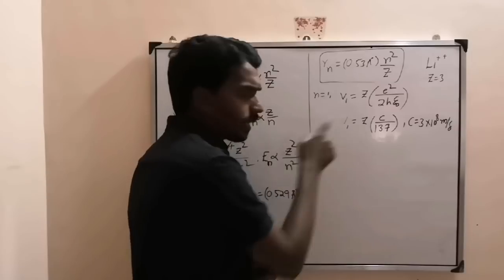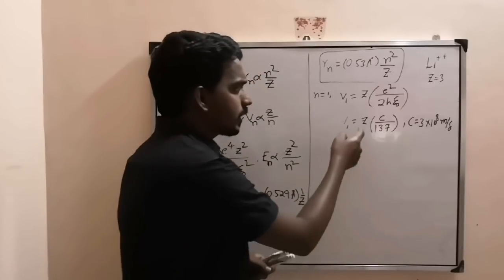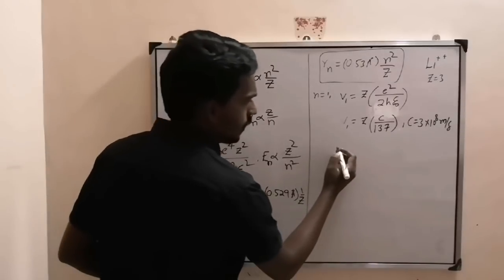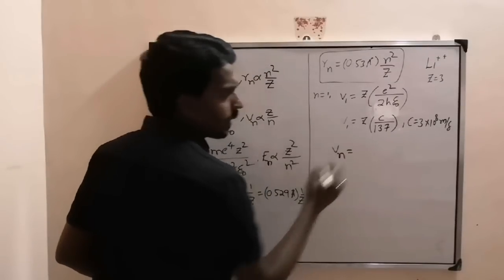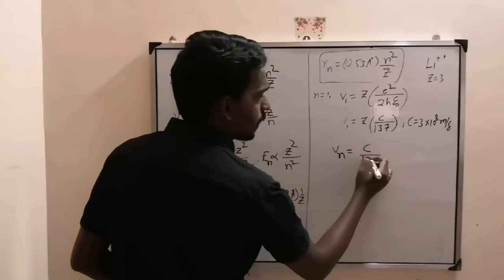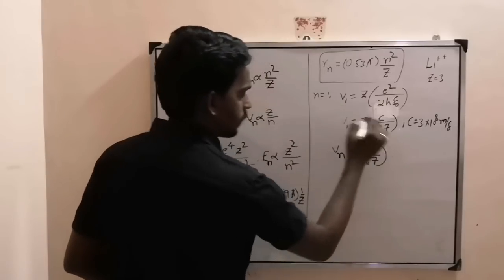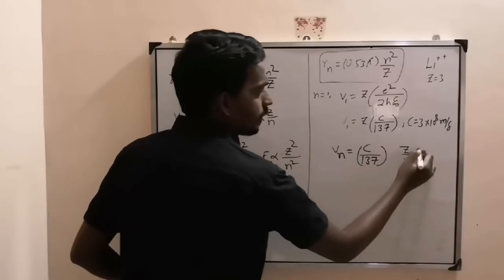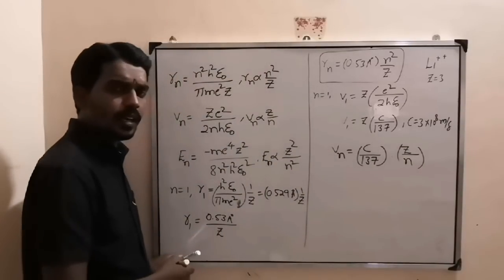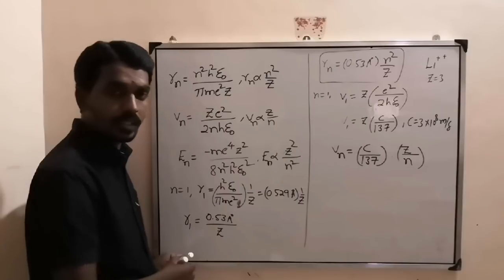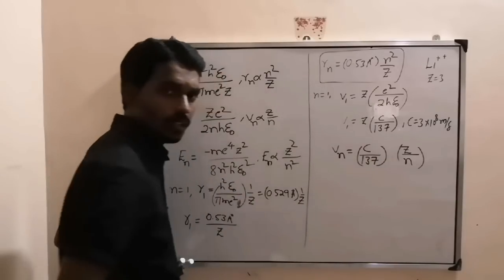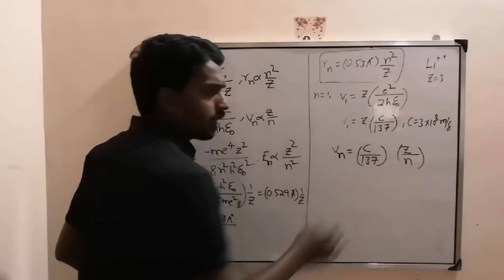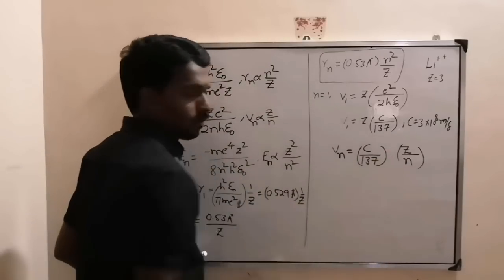Now for whatever atom they are asking, that atomic number you have to substitute. So in general, what I can write is, the speed of nth orbit electron will become C by 137 times Z by n. Whichever atom they are asking, that atomic number, and whichever orbit they are asking, that orbit number, you please substitute.